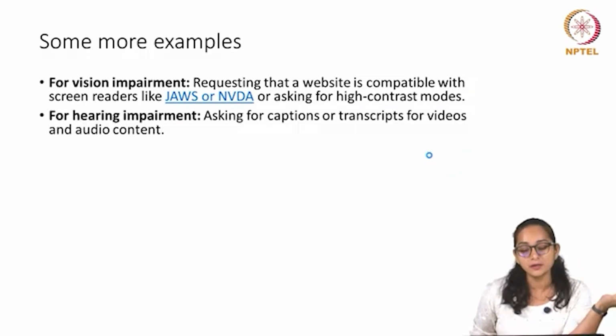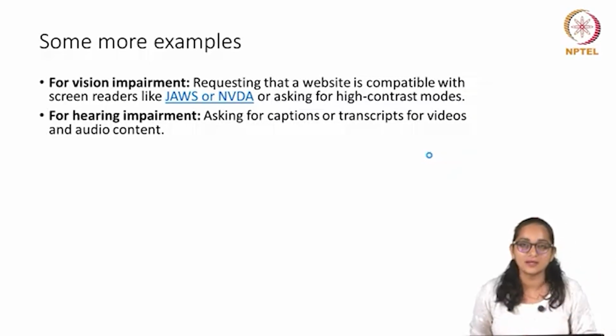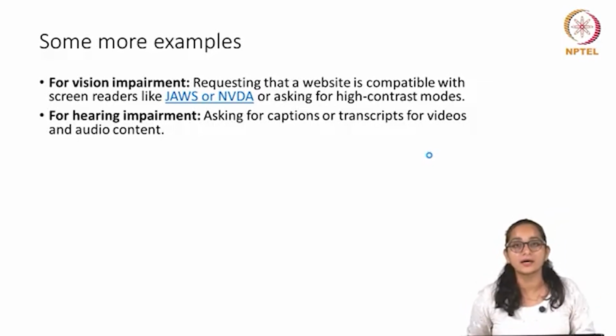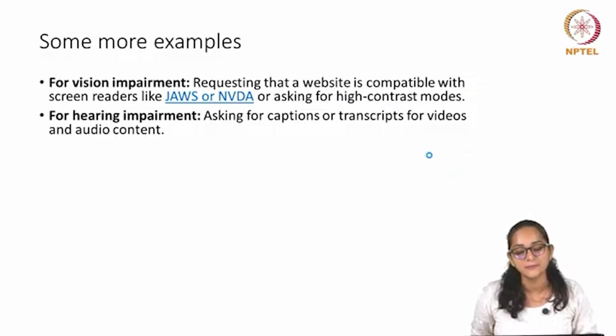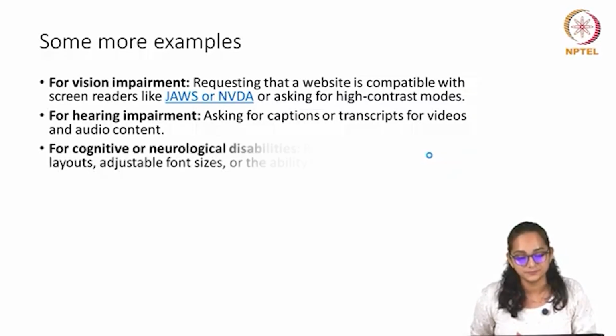For hearing impairment, asking for captioning or transcripts for videos or audio content is also an accommodation if it is not already embedded in the website, right? Ideally it should be embedded in the website as per the WCAG guidelines, which we had a discussion about in the previous session. But if they are not there, and the person is asking and you provide it, then it is an accommodation.